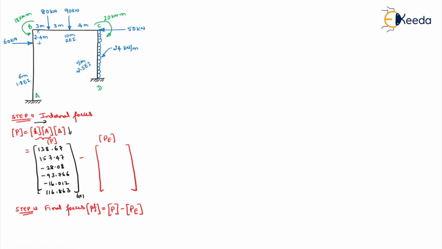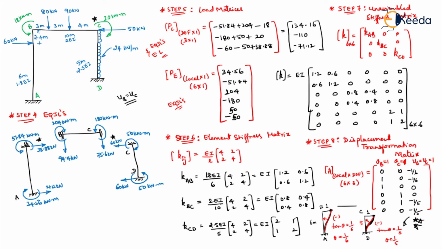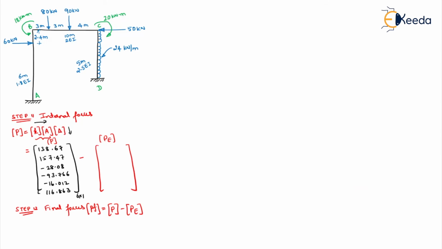So you observe we have it here. So this is your PE matrix. 54.56 minus 51.84, 204 minus 180, 50 minus 50. So if you calculate this, you will get your final PF values.